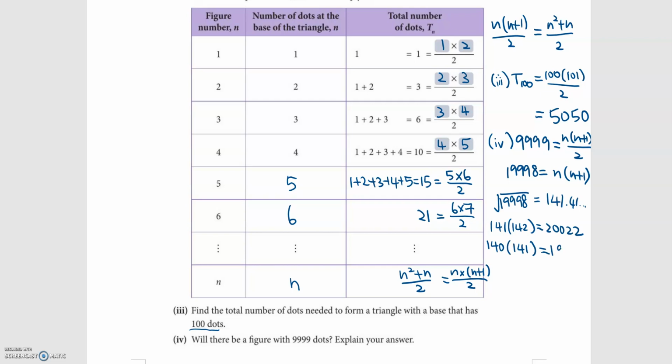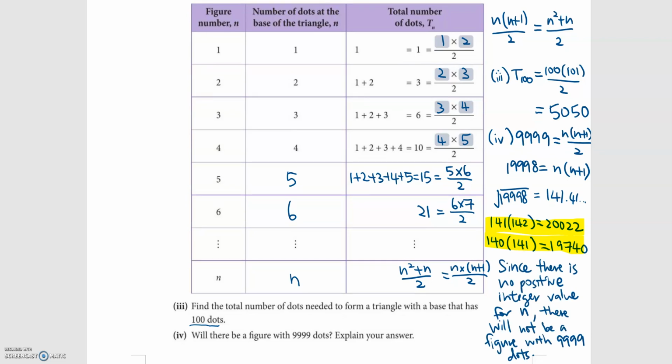And I get this amount of dots. I see that 19998 cannot fit in based on these 2 tries that I have tried. So my conclusion would be there will not be any figures with 9999 dots. And I write my concluding statement.